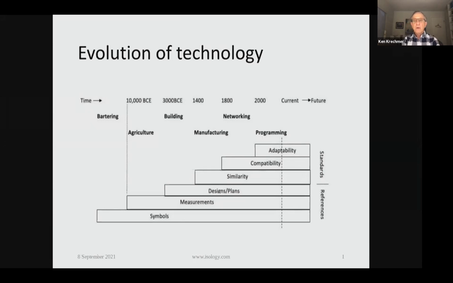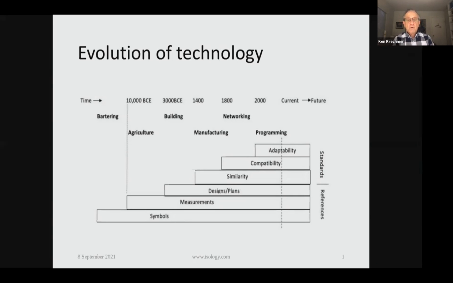And I've tried to make it clearer and just say programmable things. So those first 3 were widely discussed in the 1960s, when he wrote his book. The other 3 that I've inserted, bartering, building, and networking, I believe fit the models described. But anyway, these are all obviously my opinions of the evolution of technology.